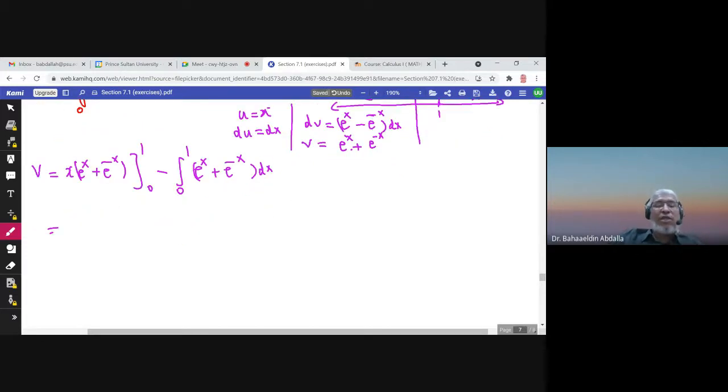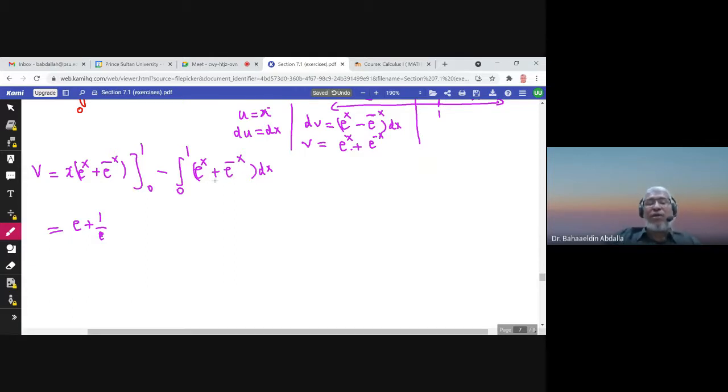If I replace x by 1, I have 1 times (e to the power 1, e, plus e to the power negative 1, or 1 over e), minus 0. x is 0, so it will destroy everything.